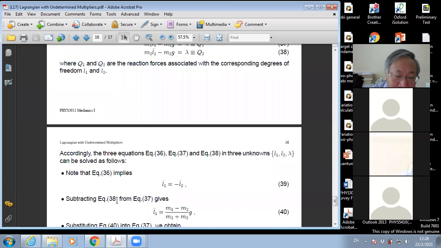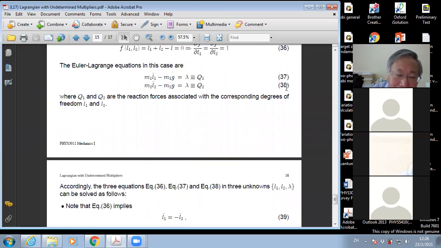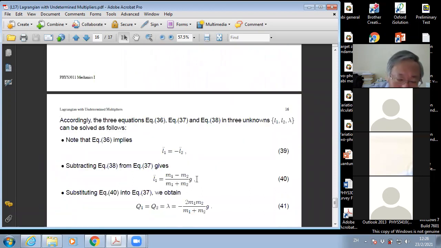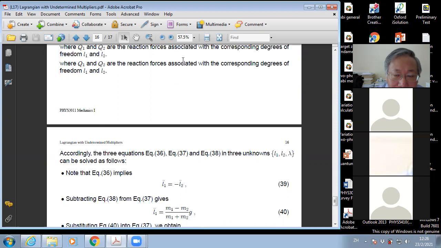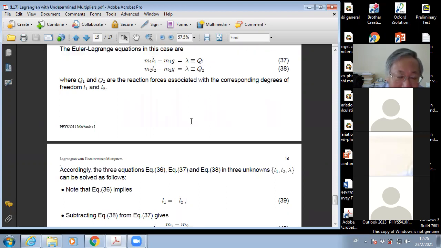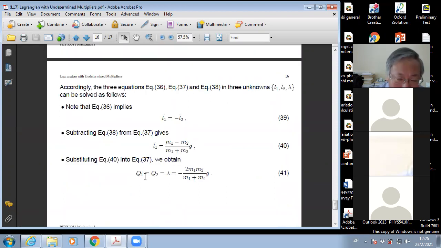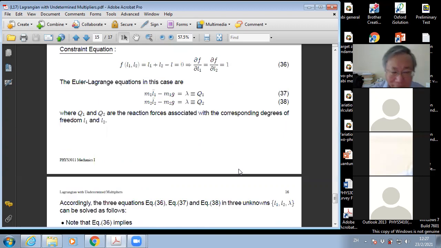Subtracting equation 38 from equation 37, we get this. So we obtain l1 double dot to be a constant given by this. Now substituting equation 40 back into equation 37, we can obtain Q1 and Q2, equal to lambda, equal to this. Right.